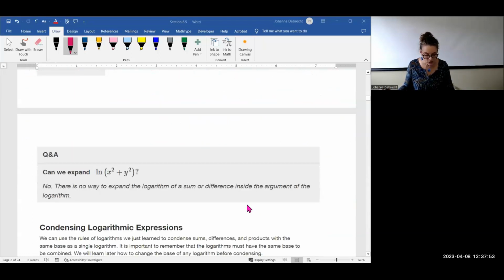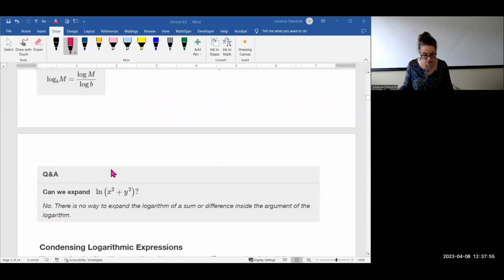And both of these are going to give exactly the same result. Now let's take a look at this particular question right here. This always throws students off. They want there to be a distributive property for logarithms. There is not. There is no distributive property for logarithms. There's no distributive property for exponents. So this doesn't give you anything. We can't do anything with this. So when we have the natural log of a sum or a difference, we're stuck.